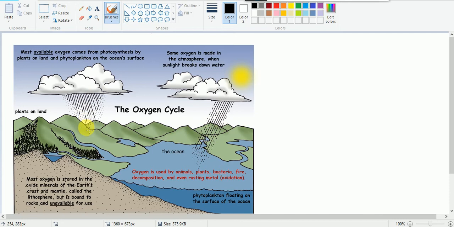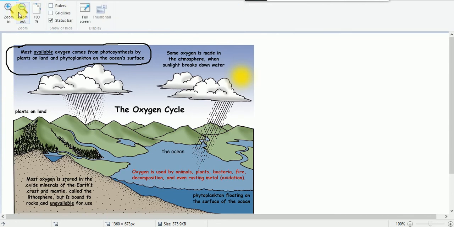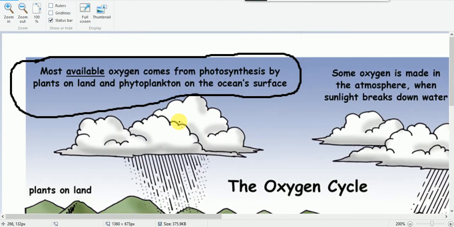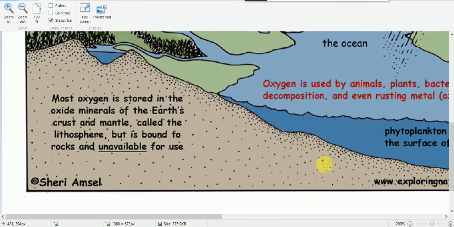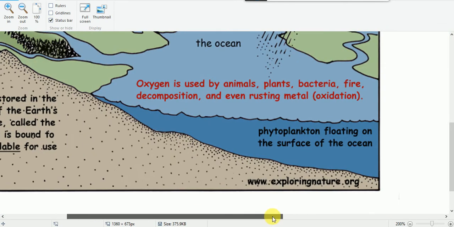And see here, as given in the book also, most available oxygen comes from photosynthesis by plants on land and by the phytoplankton on the ocean surface, just as given here.